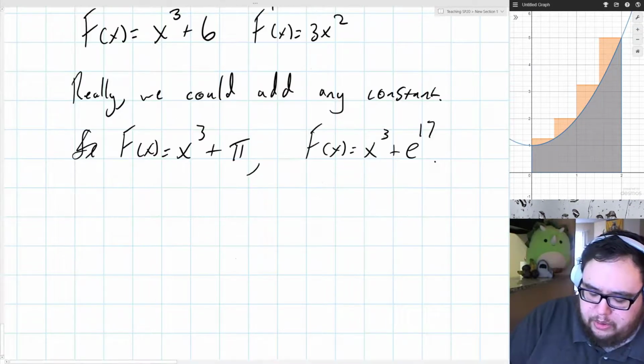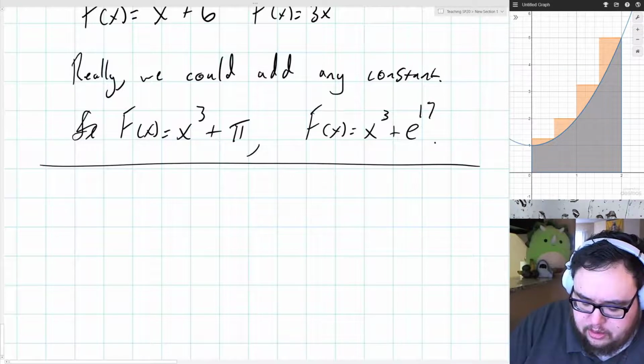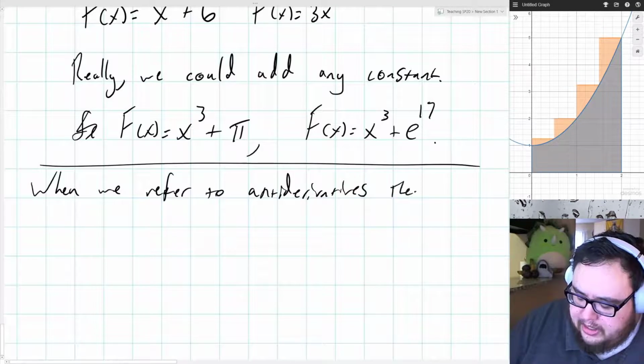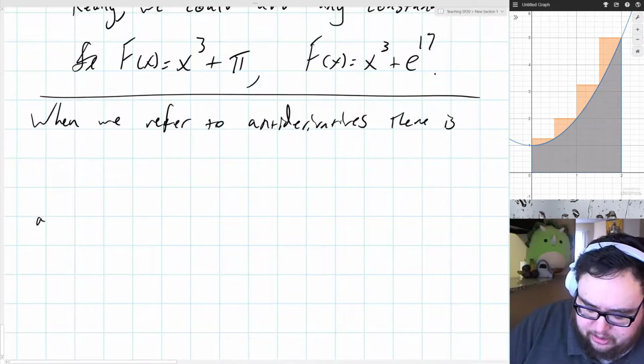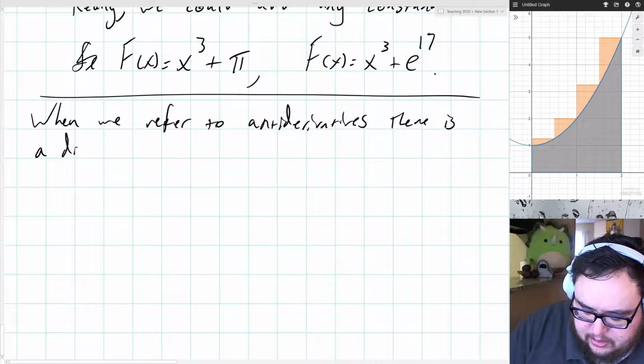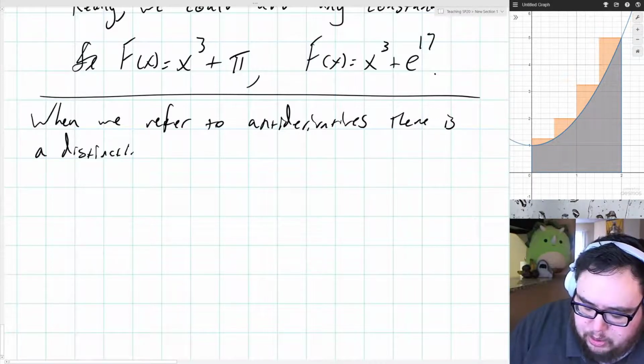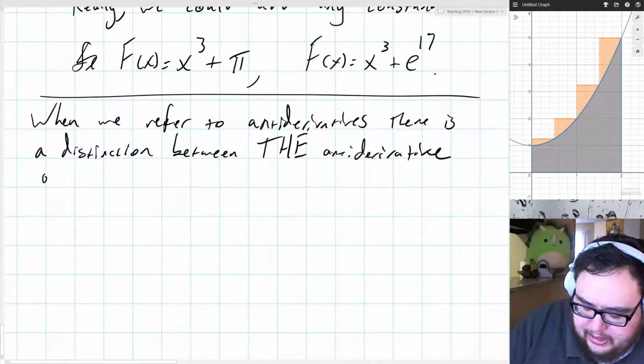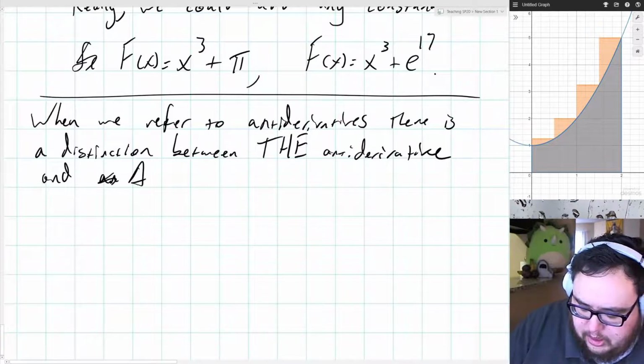So antiderivatives, when we refer to antiderivatives, there is a distinction between the antiderivative and an antiderivative.